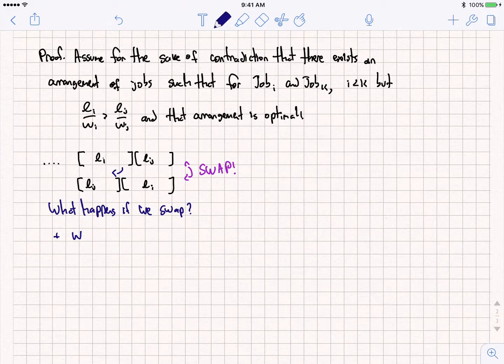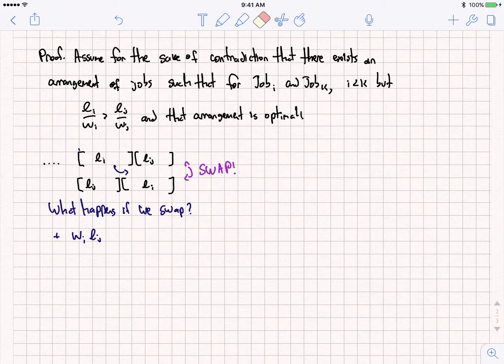We'll be moving this job over here, so we will be increasing by weight of I times the length of J. Why? Because we're initially multiplying weight of I here, where it terminates over here, but instead we're going to be moving it one more to the right, and the distance that we're moving it by is the length of J, if that makes sense.